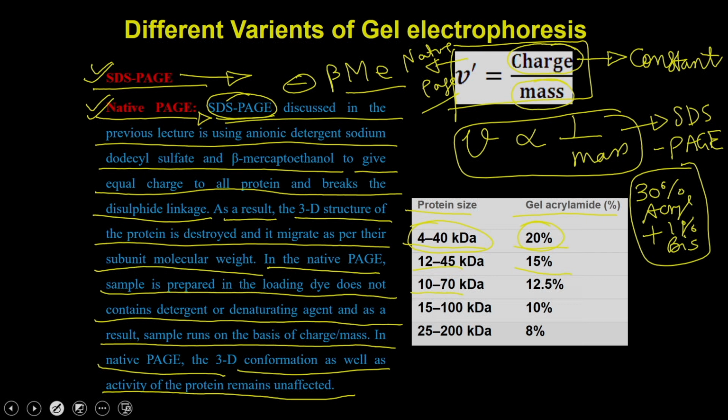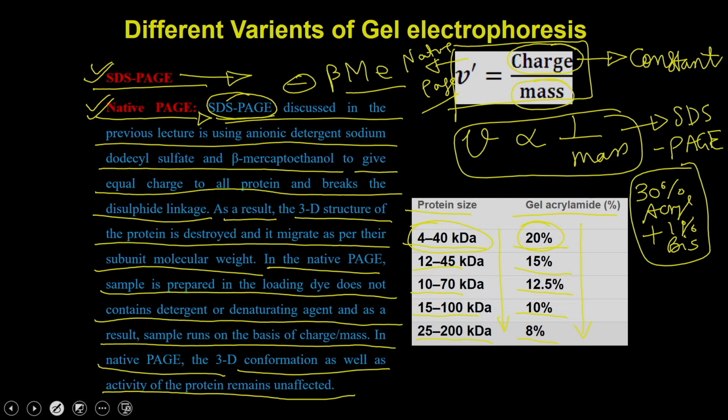If you go to 10 to 70, you can use 12.5%, if you use 15 to 100, you can use 10%, and if you are working in the range of 25 to 200, you can use 8%. This means as the molecular weight increases, you are decreasing the acrylamide.